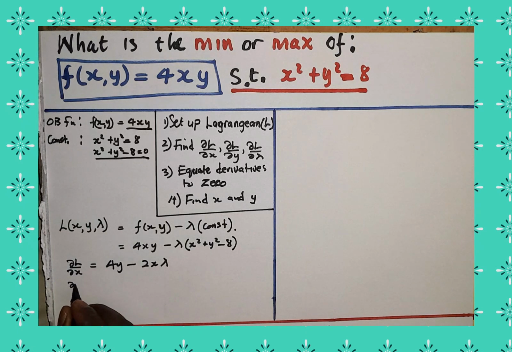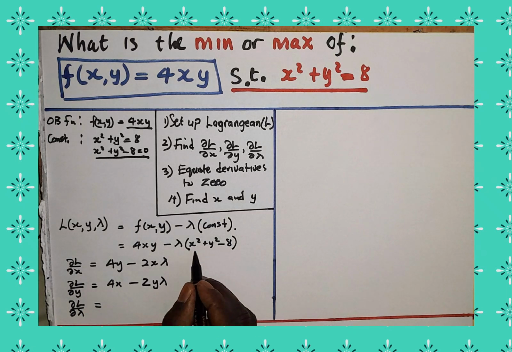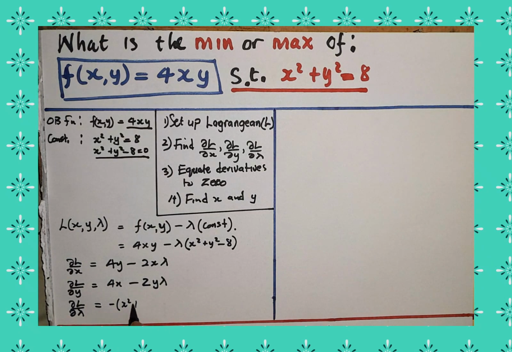Now, partial L, partial y is equal to 4x minus 2y lambda. Lastly, partial L, partial lambda is equal to the coefficient of lambda, so it's minus brackets x squared plus y squared minus 8.